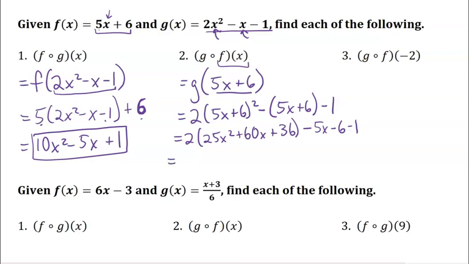All right, so multiplying the 2 here, distributing that to everything, I get 50x squared. Now this is 120x, but I'm going to subtract the 5x, so it's 115x. And then 2 times 36 is 72, minus 7 is 65. If you want to do that part in more than one step, you are welcome to do so.